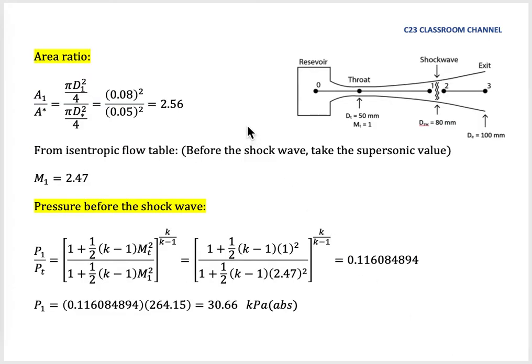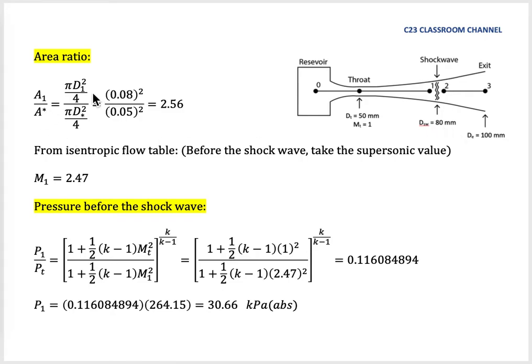Now we could calculate the area ratio between A1 and A star. A star here is the cross-section area at the throat, and A1 here is the cross-section area just before the shock wave, because we are aiming to calculate properties of the shock wave that occurs at diameter 80 millimeters.